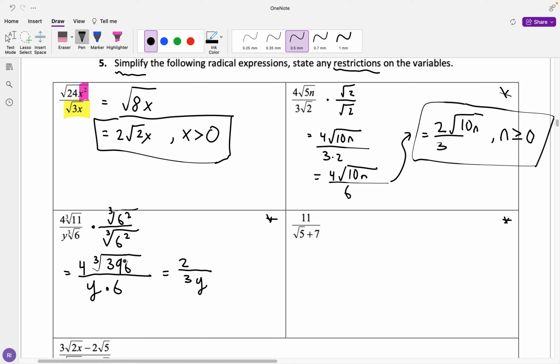And then the radicand 396, factorized, is 11 times 2 times 2 times 3 times 3. So there is no perfect cube that can come out of that. So that is completely simplified as a radical.